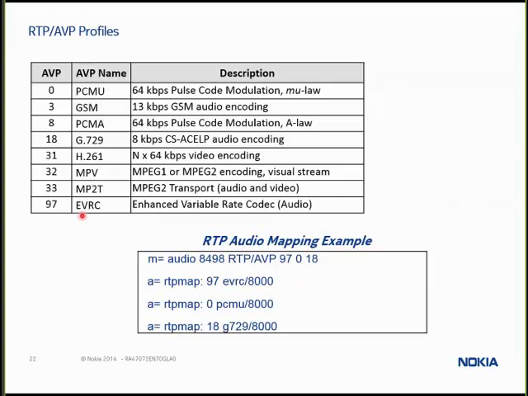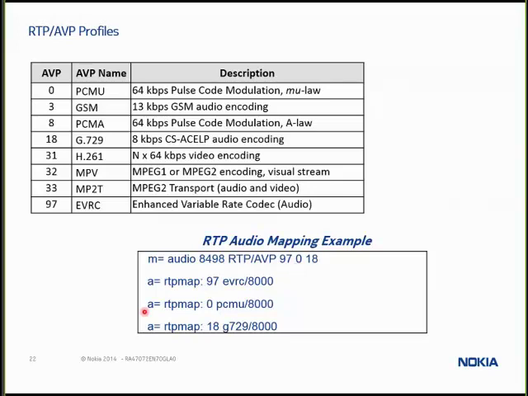Notice in the chart, that is enhanced variable rate codec for audio, typically used in the CDMA 2000 series cellular networks. So now we have an RTP map. We're going to go ahead and define this. We're defining what the profile is. 97 is EVRC, 8,000 samples a second.